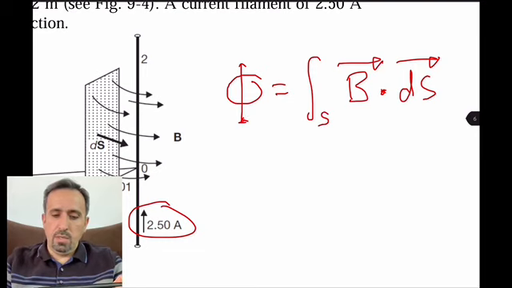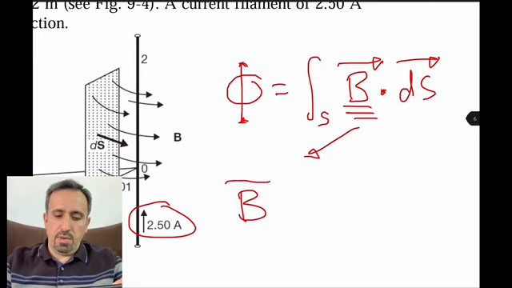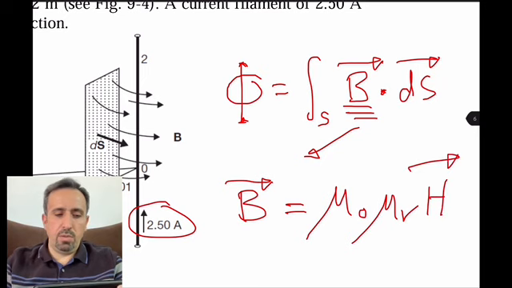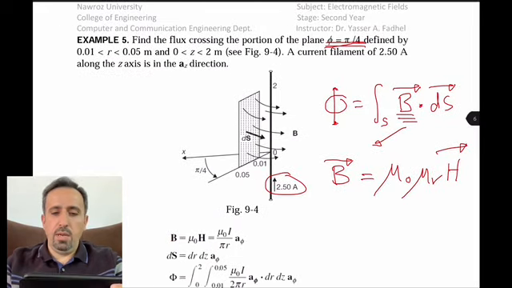I don't have B, but I can calculate it from B equals mu naught mu r multiplied by H, and if nothing is mentioned about the material, then you can just take mu r as unity.